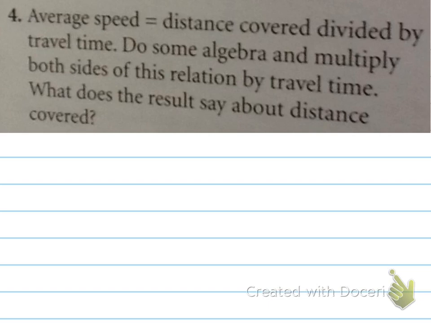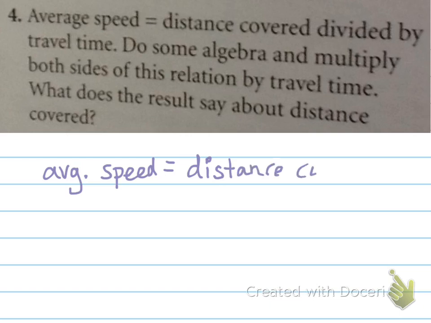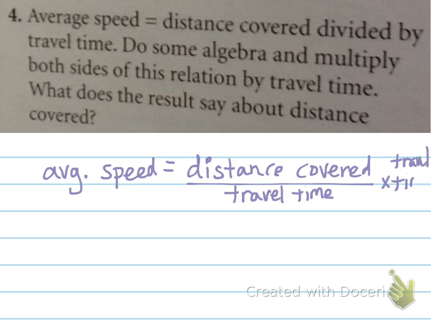So, average speed equals distance covered divided by travel time. And it says to multiply both by travel time, which means travel time is crossed out on this side.